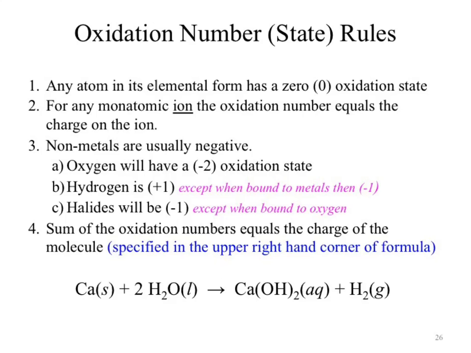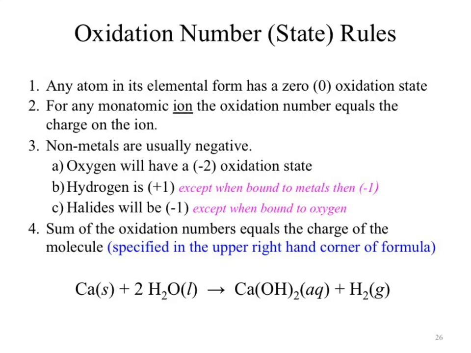Oxygen will have a -2 oxidation state. Always. Ish. 99% of the time. Hydrogen will always carry a +1 state unless it is bound to a metal. When it's bound to a metal, it changes its oxidation state and becomes -1. You won't ever see that, I don't think, so we won't worry too much about it.